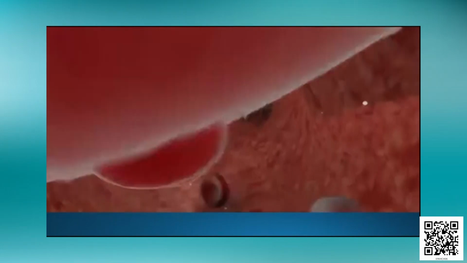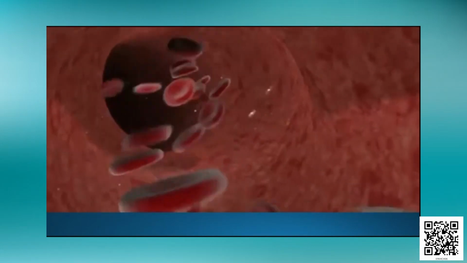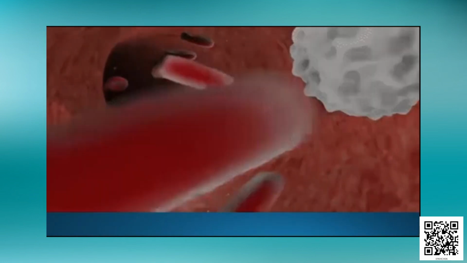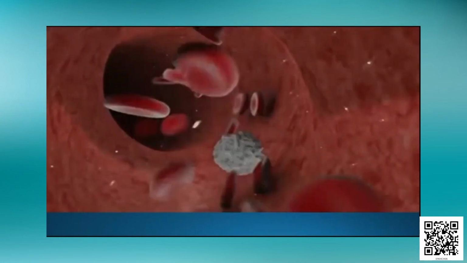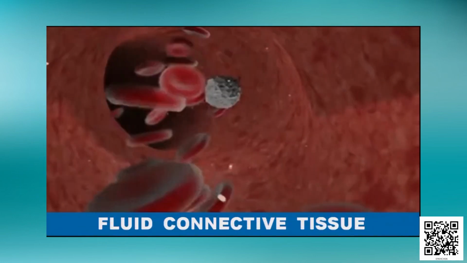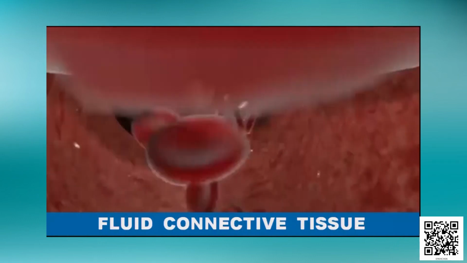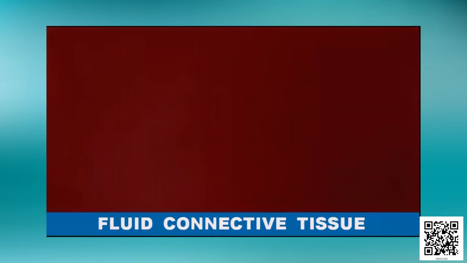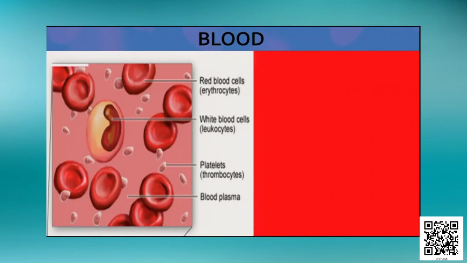Now again another animation for you. Here, blood is a tissue. The blood flows in the capillaries, arteries and veins. Blood is a fluid, everybody knows. So blood is called fluid connective tissue. Look at the picture, the cells you can see are loosely packed and all those cells are suspended in the matrix.